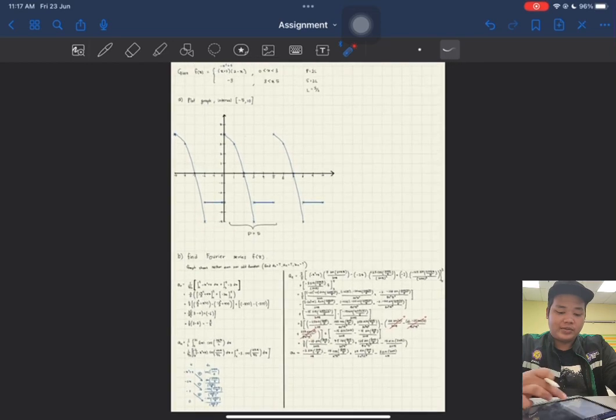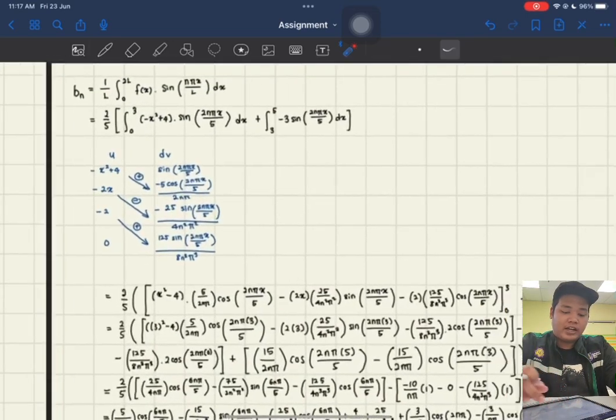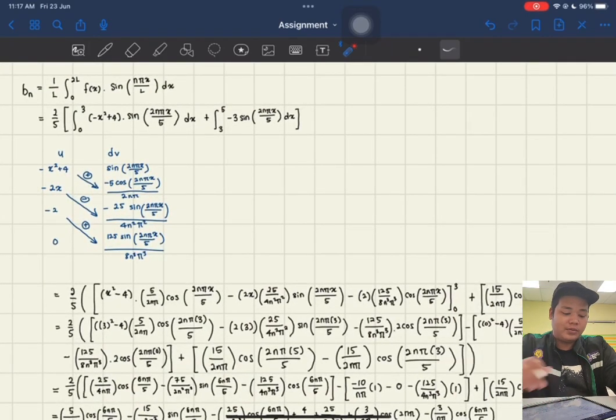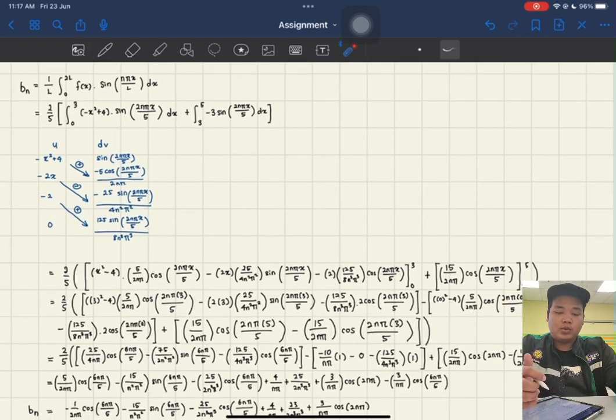So I will continue the calculation for Bn. We already have the equation, which is Bn equals 1 over L integral 0 to 2L fx sin n pi x over L dx. So we just need to insert the first function and the second function, of course with the limits.